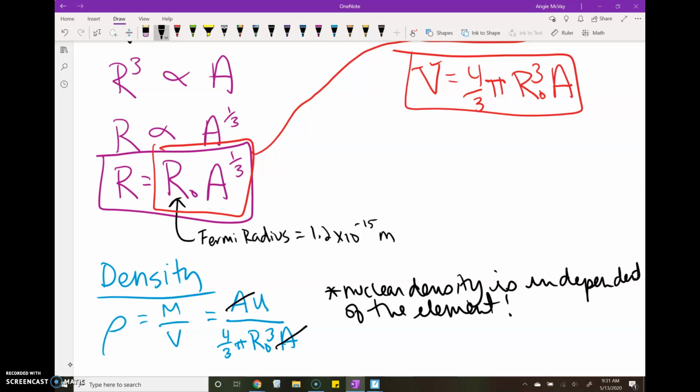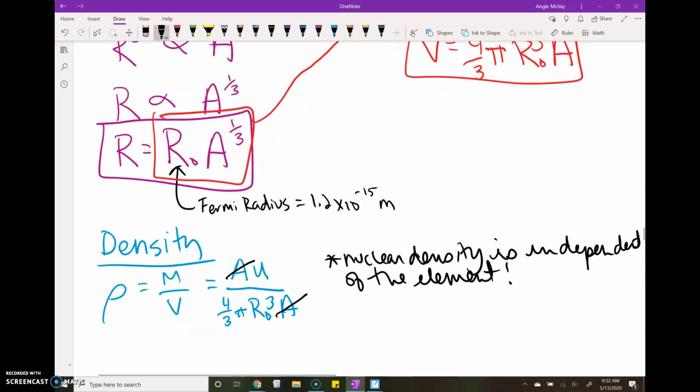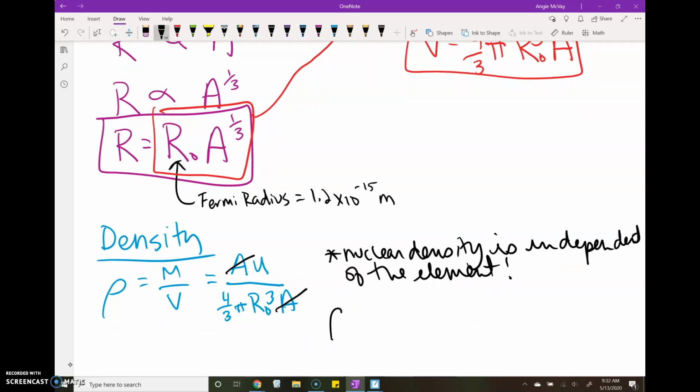And that nuclear density, if you actually were to do this calculation, would be 2.29 times 10 to the 17 kilograms per meter cubed.